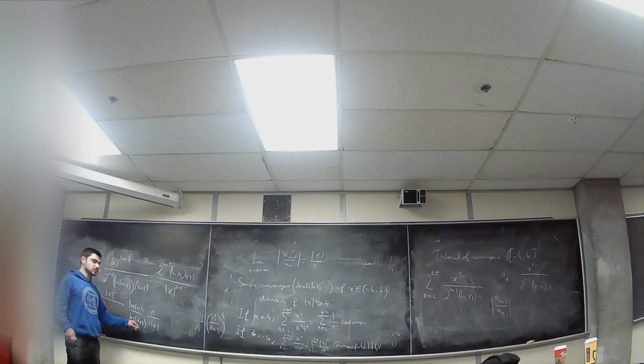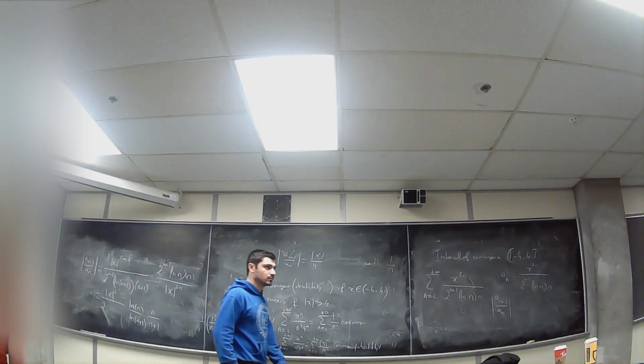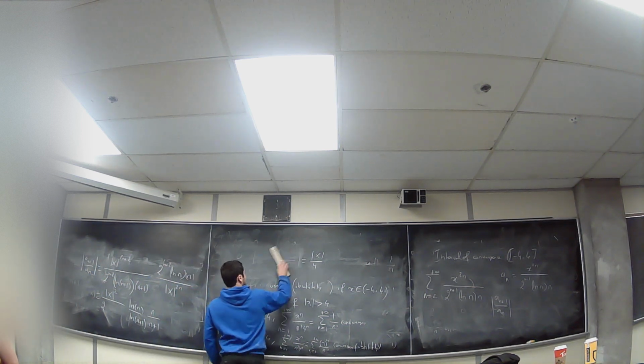This one goes to 1 is obvious, right? Why does this one go to 1? Who wants to help? L'Hopital. L'Hopital, you can say that this goes to 1. You get 1 over x over 1 over x plus 1, which is x over x plus 1, which goes to 1.